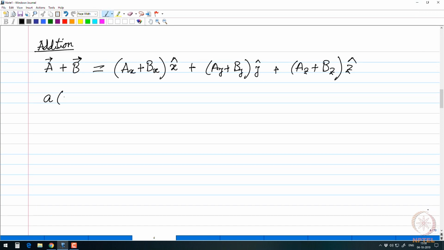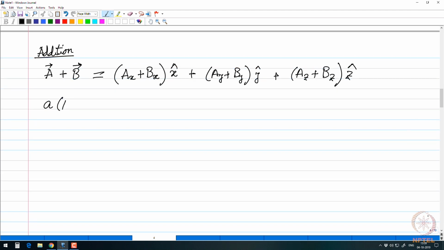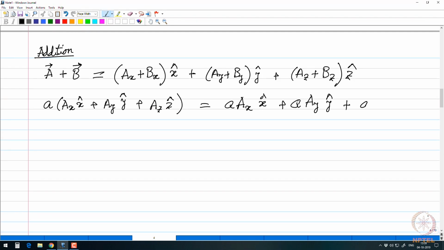A scalar A is multiplied with a vector Ax x cap plus Ay y cap plus Az z cap. That just gives a this vector.